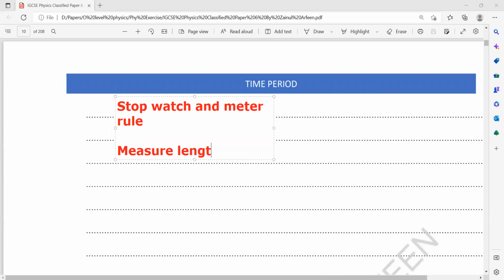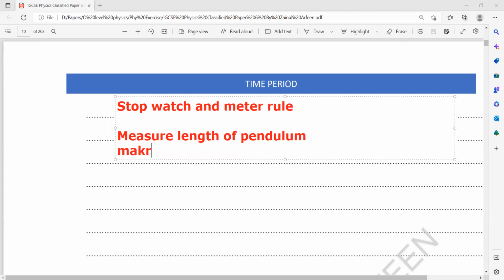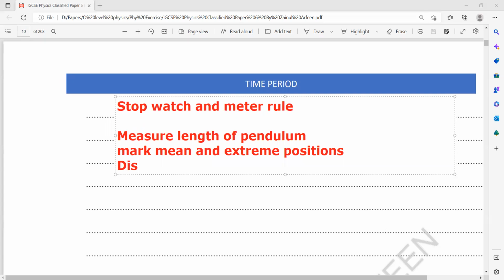So measure the length of the pendulum, and we'll mark the mean and extreme position. Then displace the pendulum to the extreme position. Then we'll start the timer.